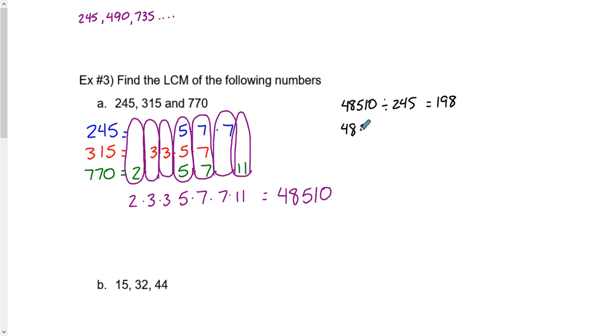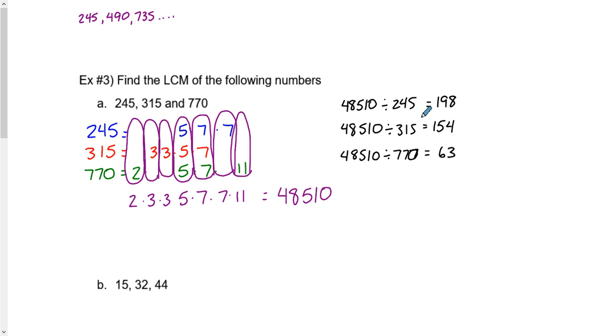I can do the same thing. 48,510 divided by 315, I get 154. If I take my 48,510 and divide it by 770, I get 63.